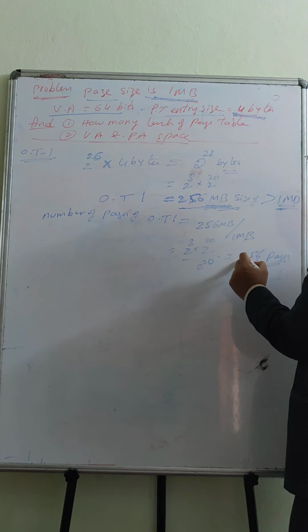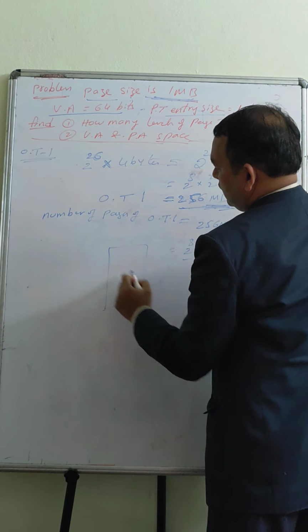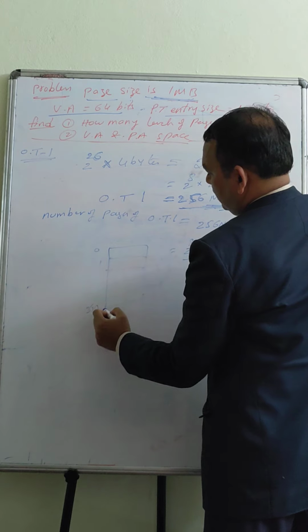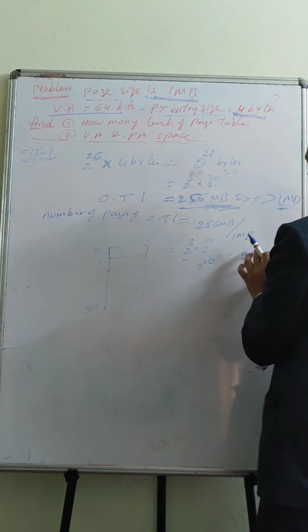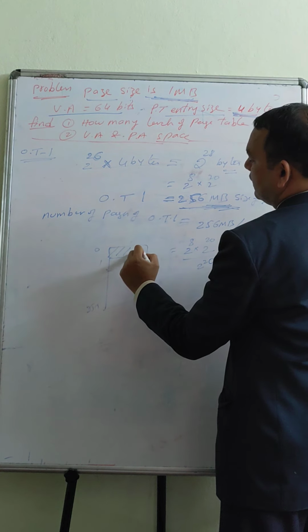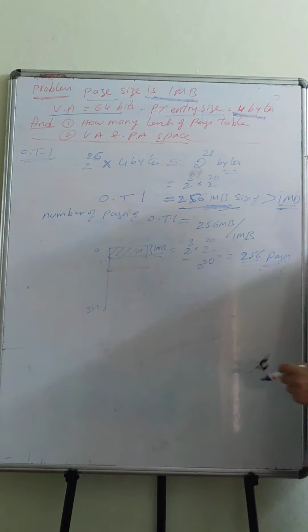Now these 256 pages, listen carefully: page 0, page 1, up to 255. Each page is how much? Each page size is 1 MB.